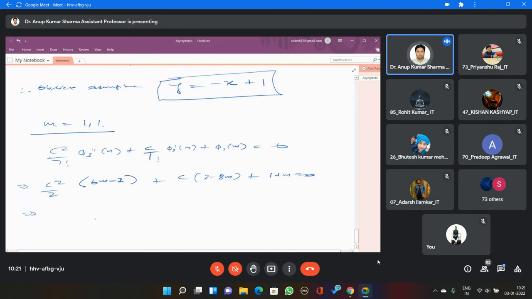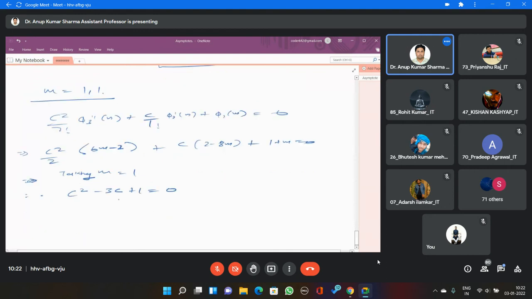So this implies that after that you have to simplify by taking m is equal to 1. So the equation now is c square minus 3c plus 1 is equal to 0. See, this is the quadratic equation.